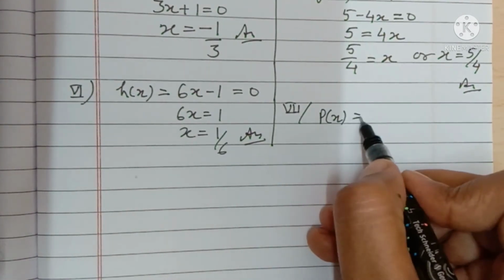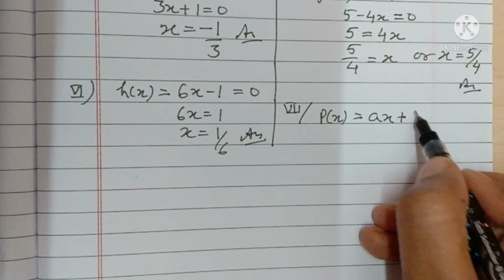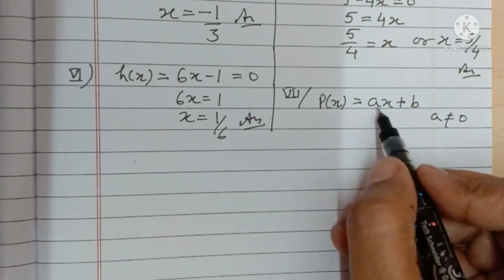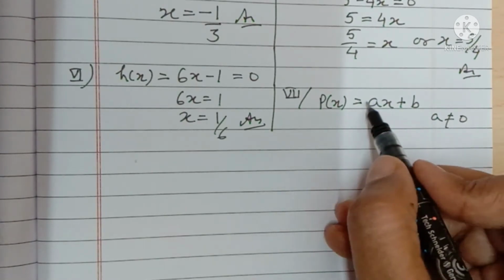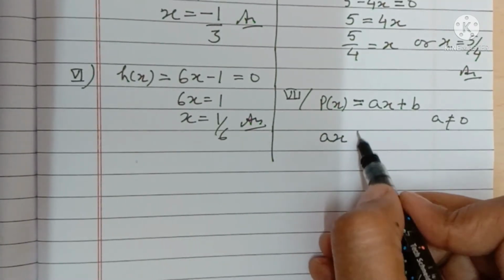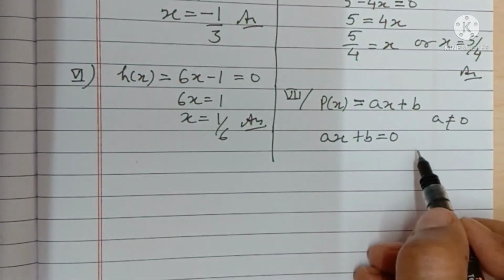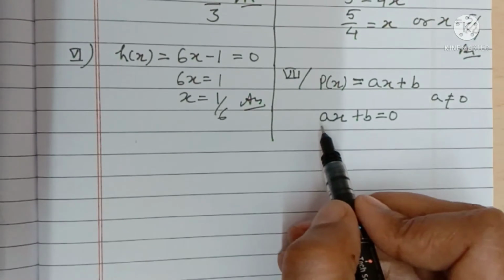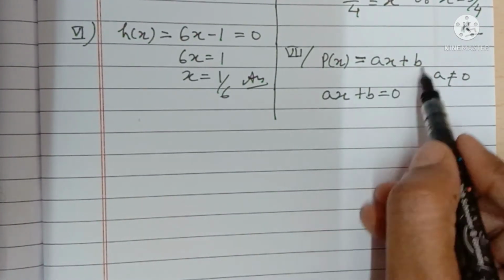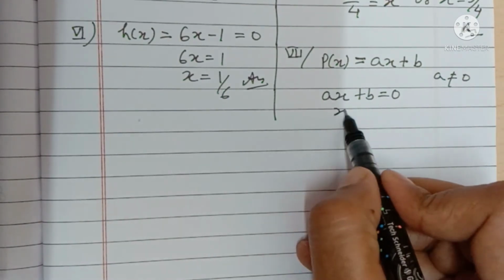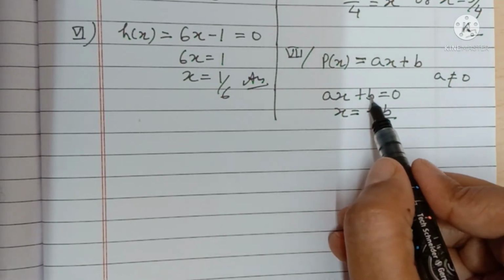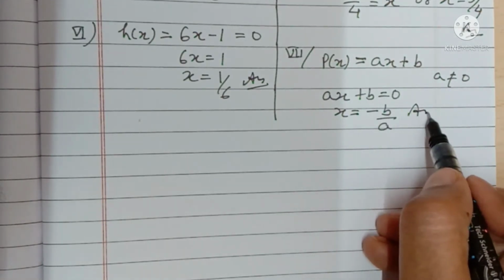Px is equal to ax plus b. Here a is not equal to 0. So write down ax plus b is equal to 0. To find the zero of the polynomial, put the equation equal to 0, x is equal to minus b upon a. Okay, answer.